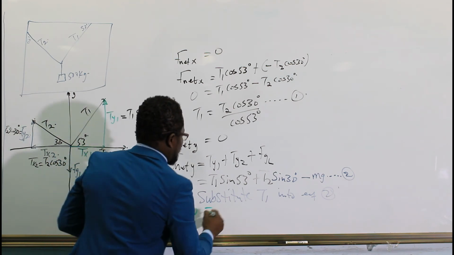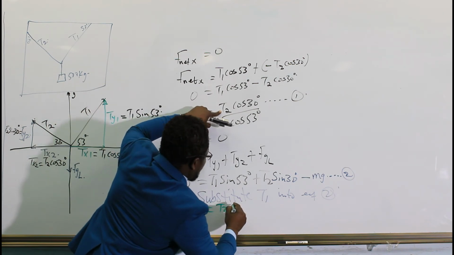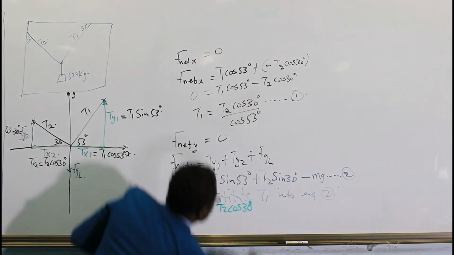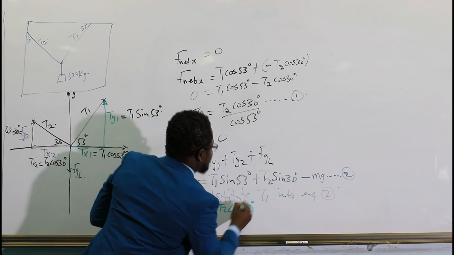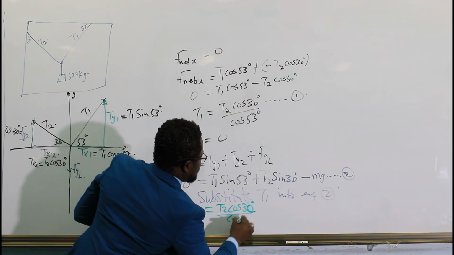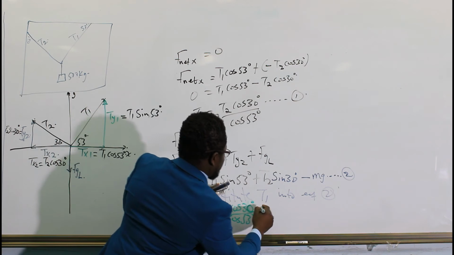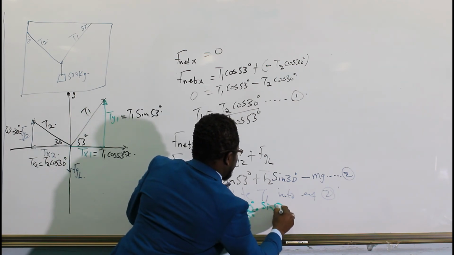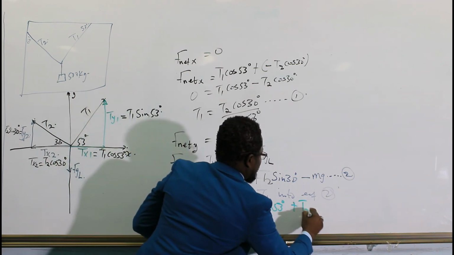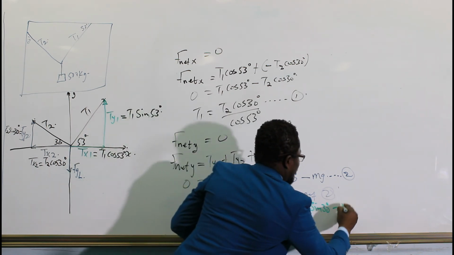So 0 is now equal to T1, which is T2 cos 30 degrees divided by cos 53 degrees, multiplied by sine 53 degrees, plus T2, which is here, sine 30 degrees, minus mg.